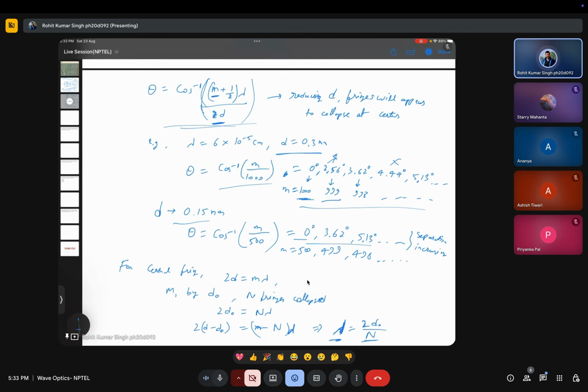So similarly in Newton's ring we can calculate the wavelength of the light by looking at how many fringes are appearing or disappearing. Similarly here also you can calculate the wavelength of light by looking at the number of fringes that are collapsing.